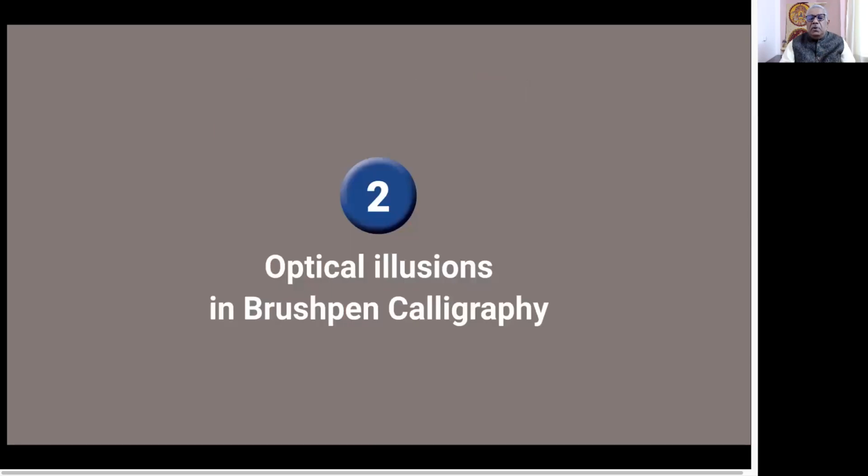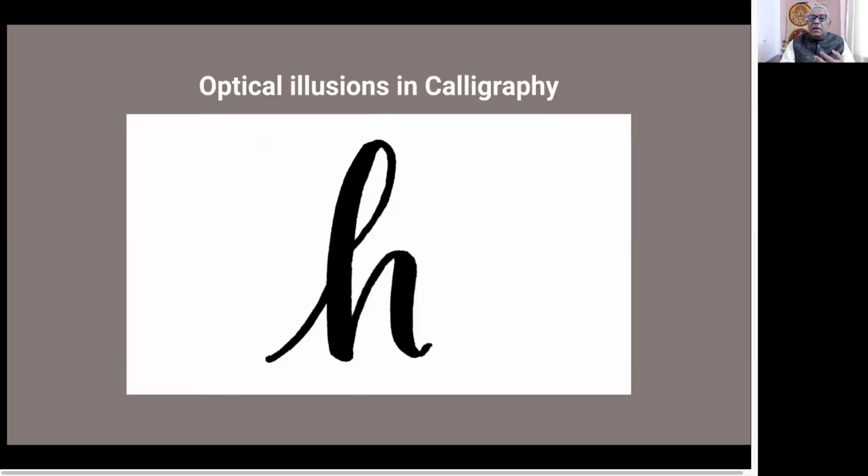I will move on to optical illusions in brush pen calligraphy. The important thing in brush pen calligraphy, as in most other calligraphic activities, is that these are not conscious decisions. These are all visual based decisions, taken many times subconsciously by calligraphers. But in reality, they are all doing it to compensate for certain optical illusions.